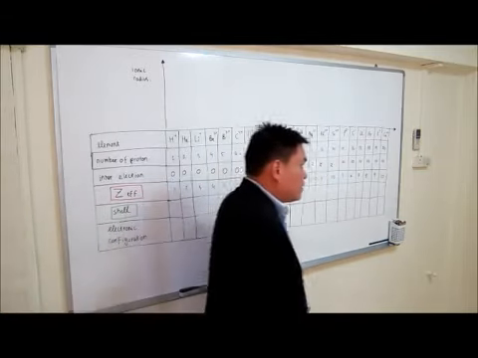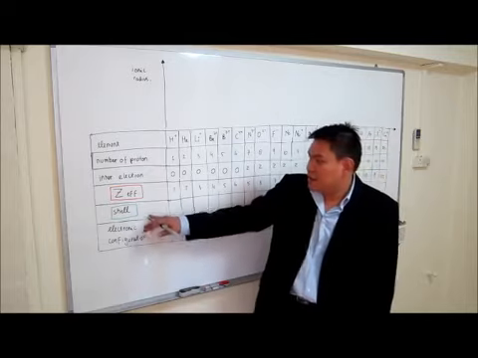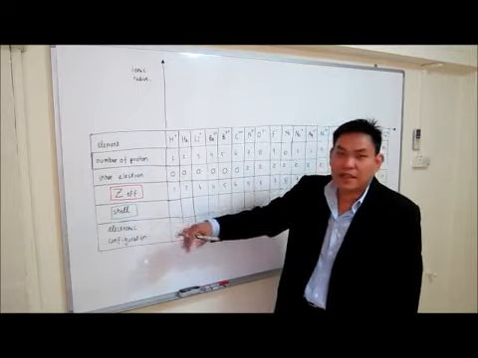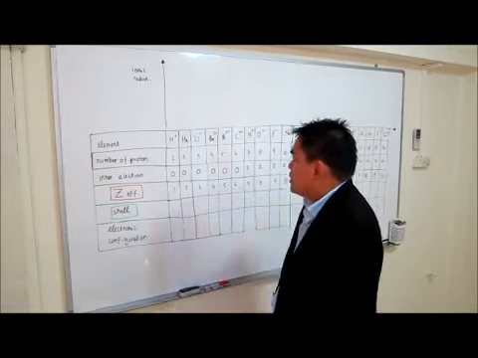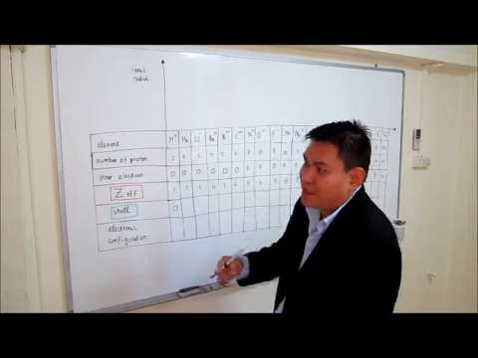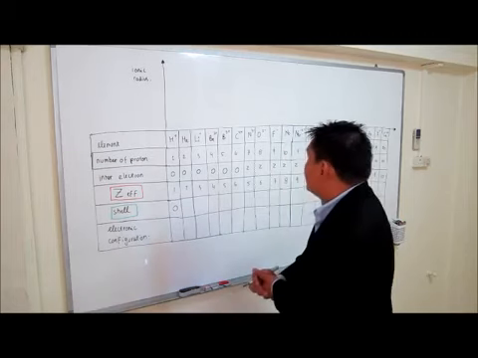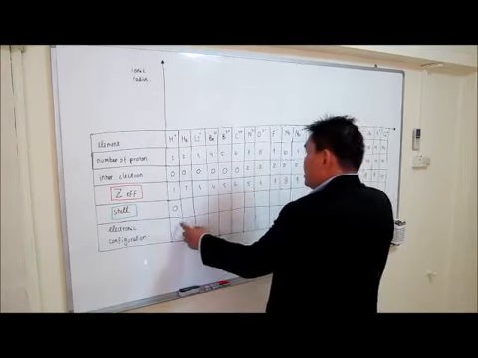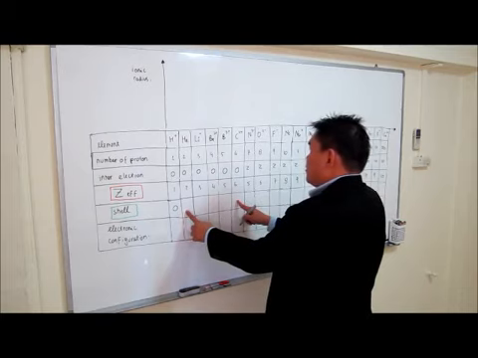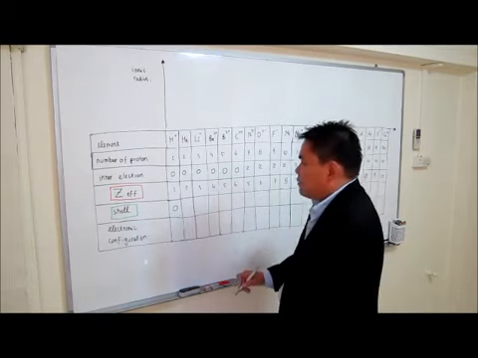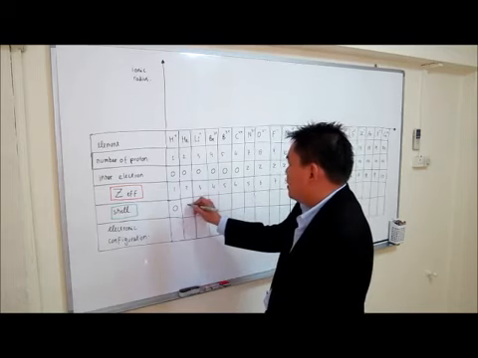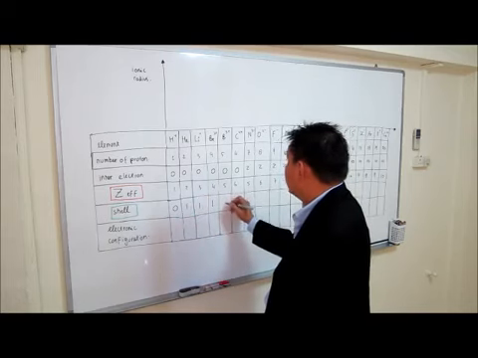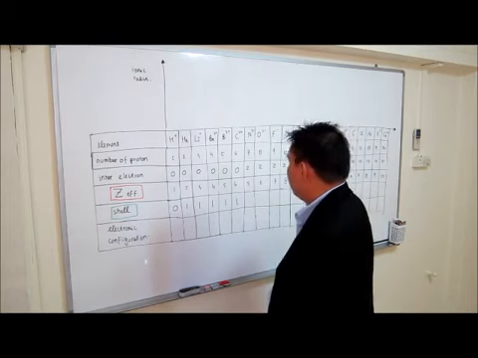The fourth row is the number of shells, which is easy for us to do also. Hydrogen doesn't have any shell because the 1 electron is taken out. From helium to carbon 4 plus, they will have 2 electrons each on the first shell, so they have only 1 shell.